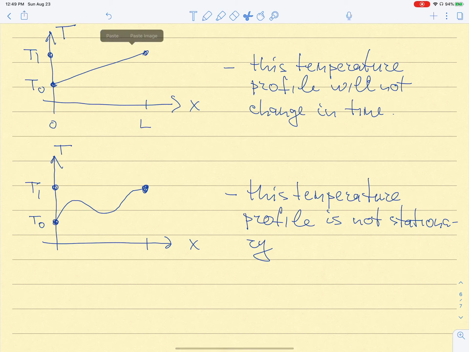If a temperature is linear like this, there is not going to be any change of temperature in time because the temperature profile is happy. So the temperature change is going to be driven not by a function or its derivative, but by its second derivative, right? It's the fact that we have regions where you have minima and local maxima in the temperature profile. These are the things that will drive the temperature change.